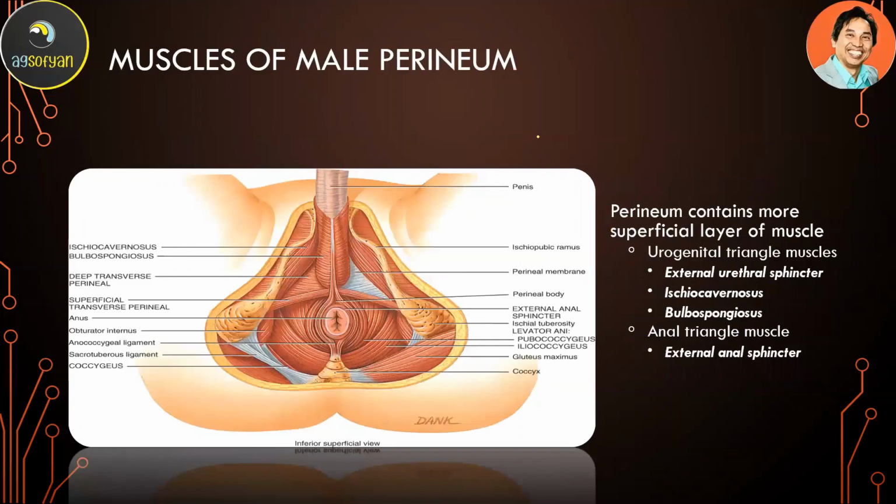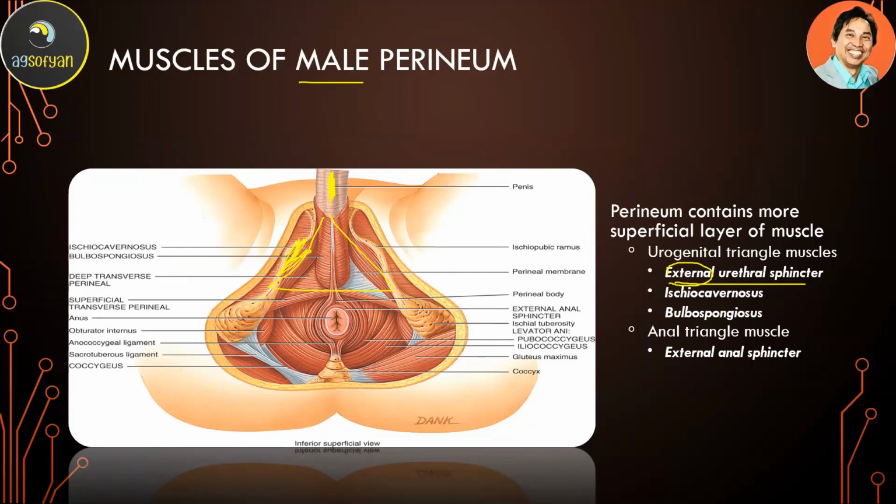The same thing with the male. It's very similar. It's going to be the urogenital triangle. The external urethral sphincter, you cannot see it because it is inside the penis. There is a urethra, and at the top of the urethra opening, there is the external urethral sphincter muscle. Ischiocavernosus is going to be the same.